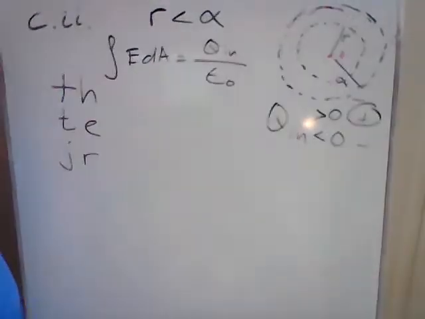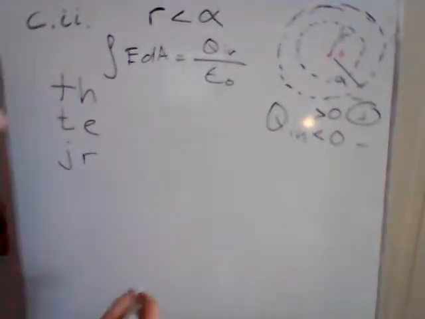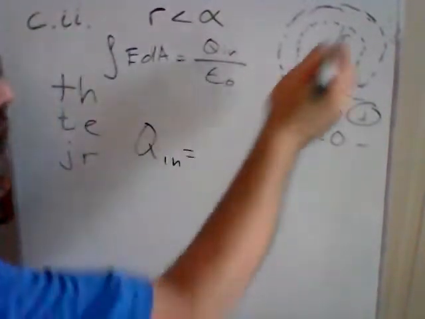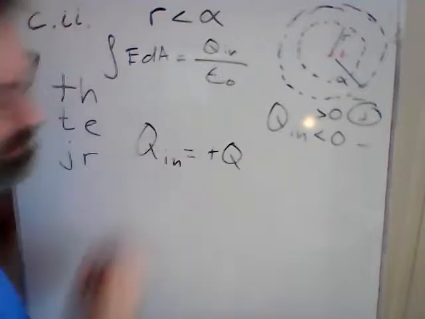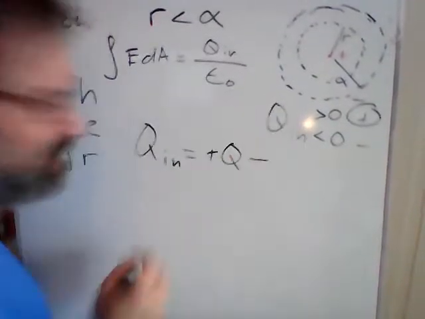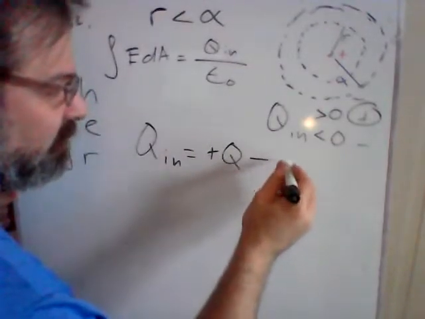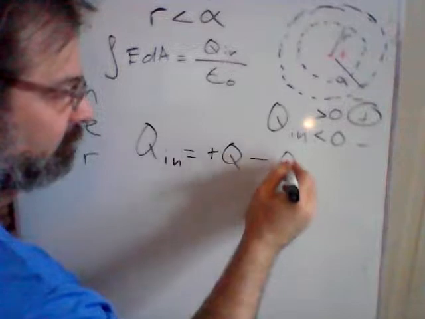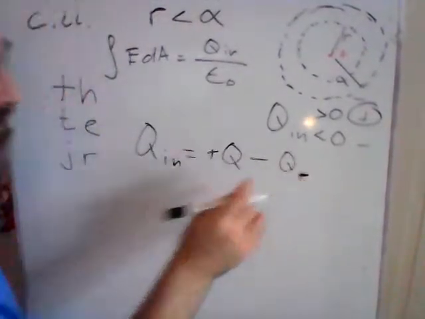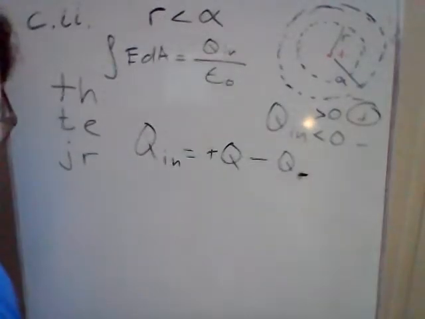It's a positive charge inside. So it's a positive charge in here, but how much charge is inside? That's equal to, of course, plus Q, the positive charge, minus the negative charge. The negative charge is something that we need to figure out by integrating the charge density.